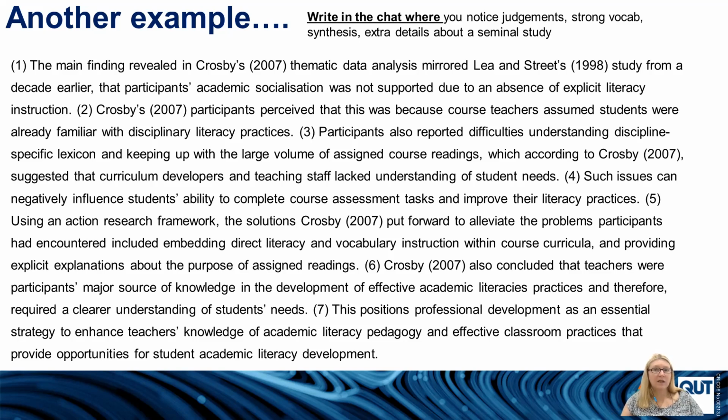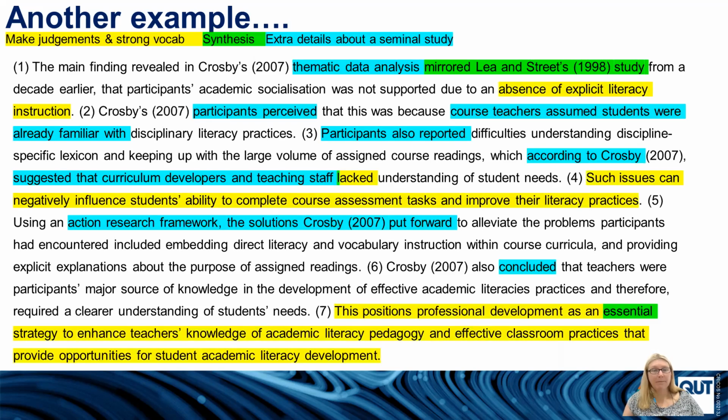So what do you think? Are there judgments? Is there strong vocab? Is there synthesis in there? Yep. Righto. Thematic data analysis, is it an extra important detail? There's some findings in there. There's some synthesis in there as well.